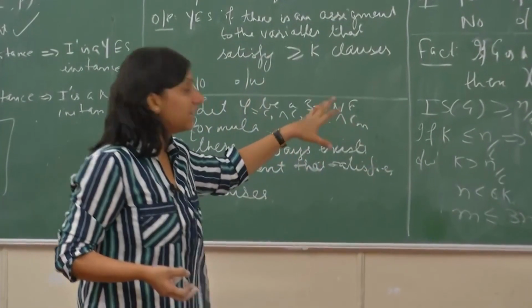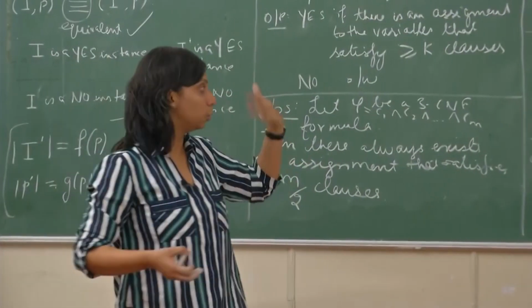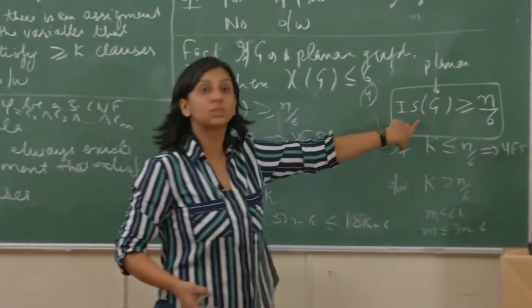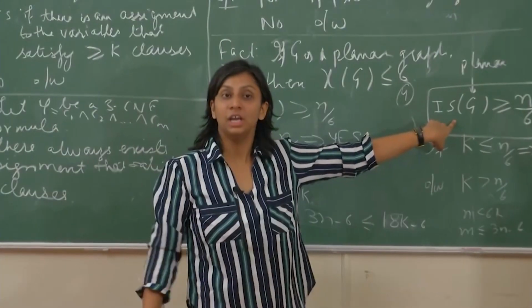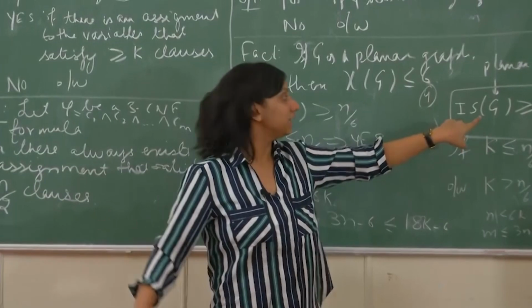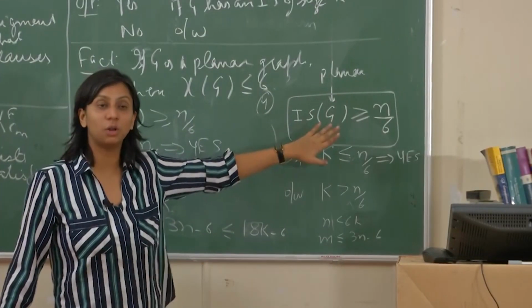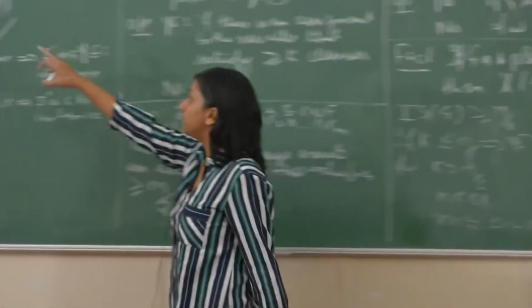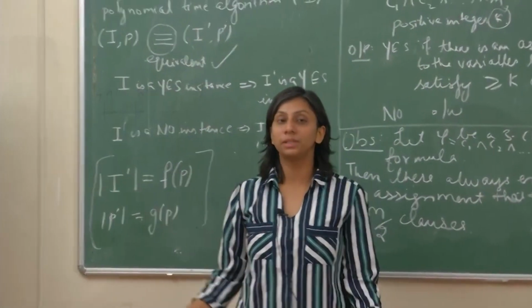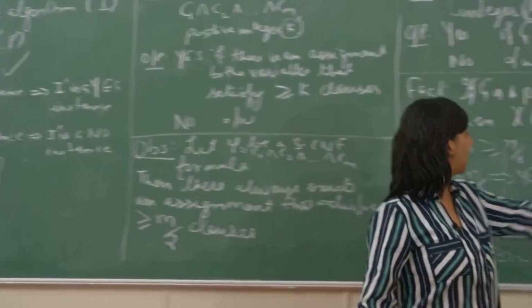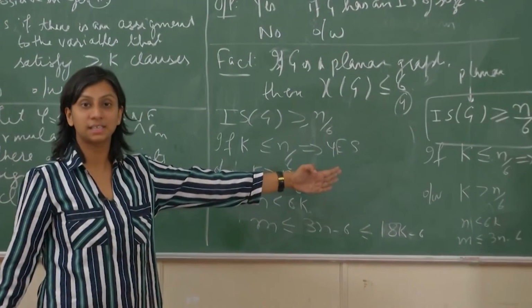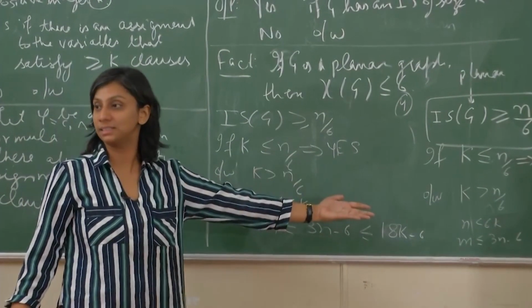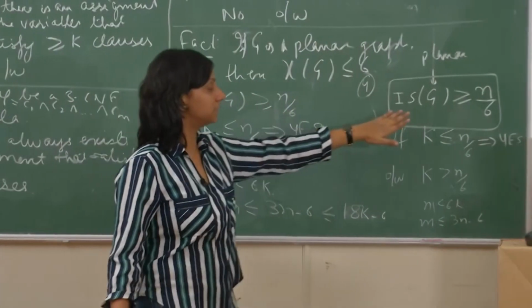We looked at the coloring only to observe that this is always the case. No matter what planar graph you give me, this is always the case. That's all we use the coloring for. The preprocessing algorithm will not go compute the coloring. It will just check if k is at most n by 6, and if so say yes. Otherwise, it will output the same instance, because this is a fact.